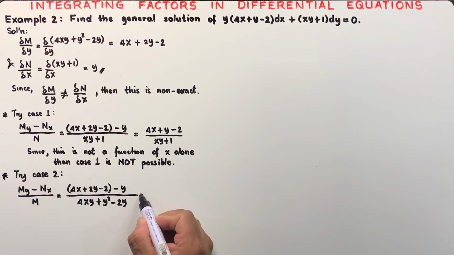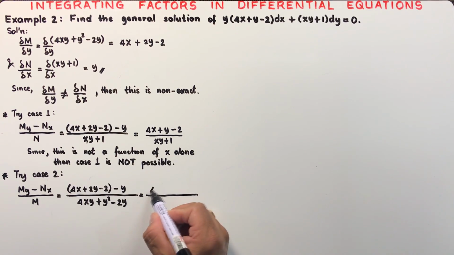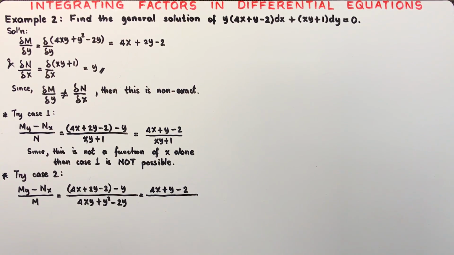And simplifying our numerator, we have 4x plus y minus 2 because 2y minus y is y.